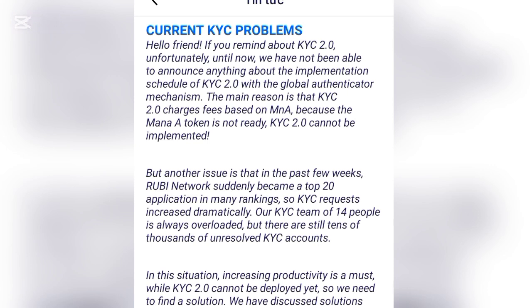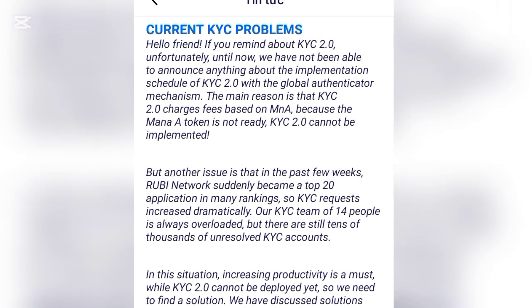The main reason is that KYC 2.0 charges fee based on the token, which is not ready. KYC 2.0 cannot be implemented. So guys, I'm going to explain what they said here.